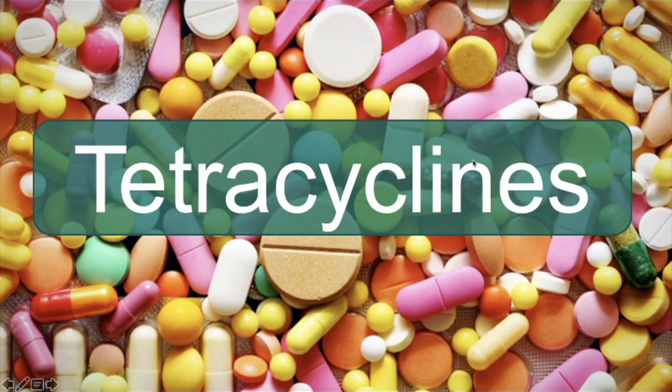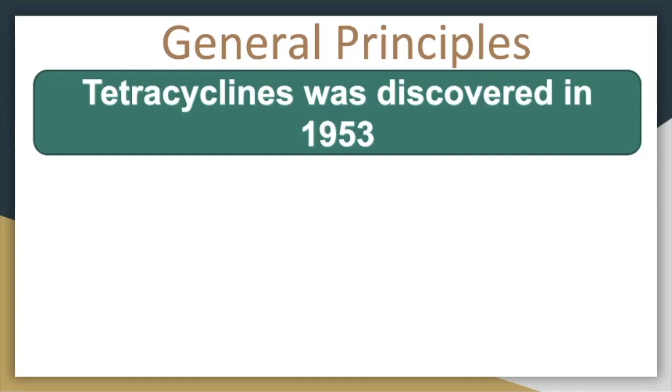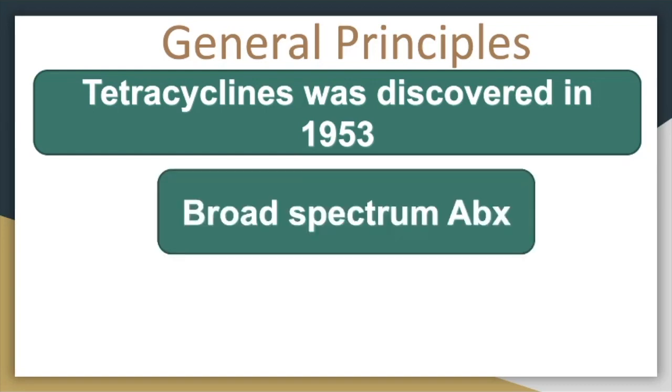All right, so let's talk specifically about tetracyclines. In general, tetracycline was first discovered in 1953. So a relatively old drug, not the oldest. Penicillin would be the oldest. One good thing about tetracyclines is they are pretty broad spectrum. They have gram-negative and gram-positive coverage.